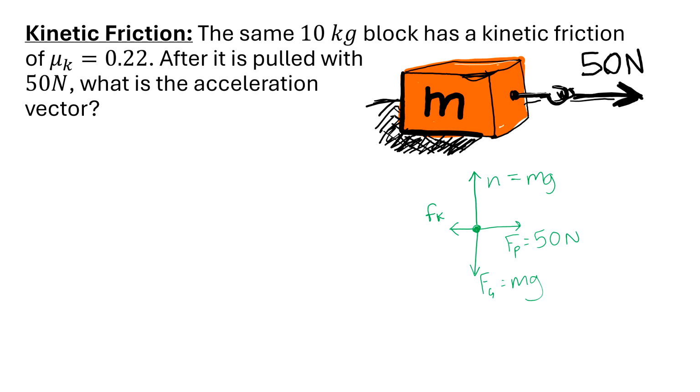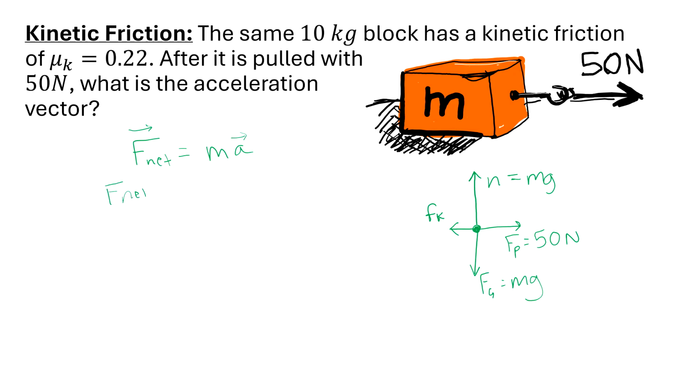Okay, so once again, the connection between our forces and acceleration or motion is Newton's second law, F net equals ma. So we want to figure out that acceleration vector. We're going to have to figure out both the x and y components. We've already done that.